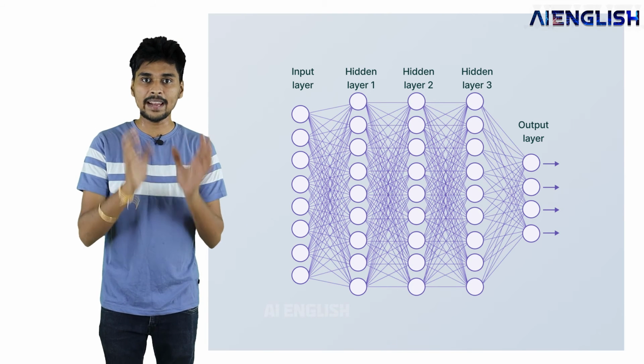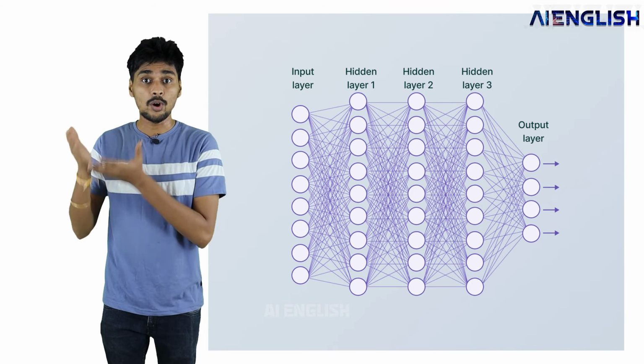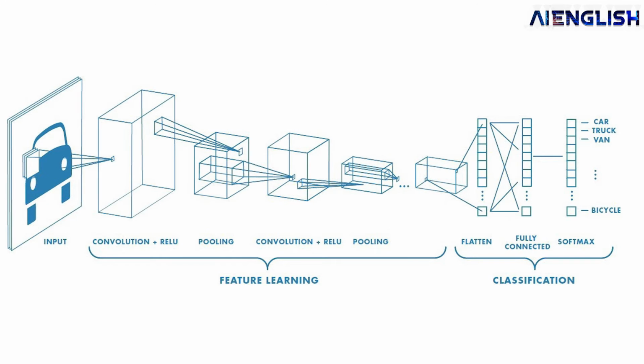For example, if you want to convert your black and white photo into a color image, that can be done using convolutional neural networks. Today, so many deepfake videos are available, and they are made using convolutional neural networks. And one wonderful thing about convolutional neural networks is that they can automatically detect the crucial features in a picture.